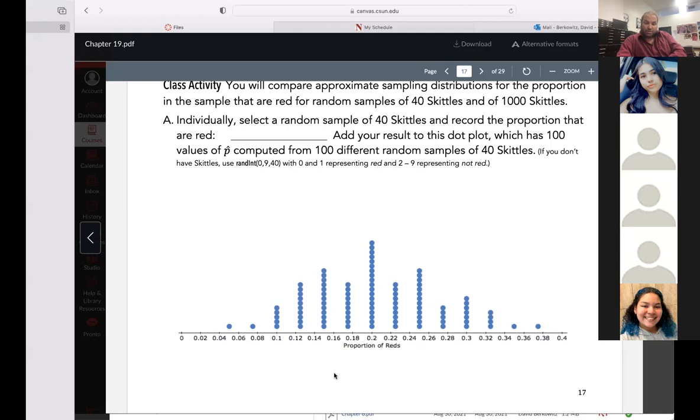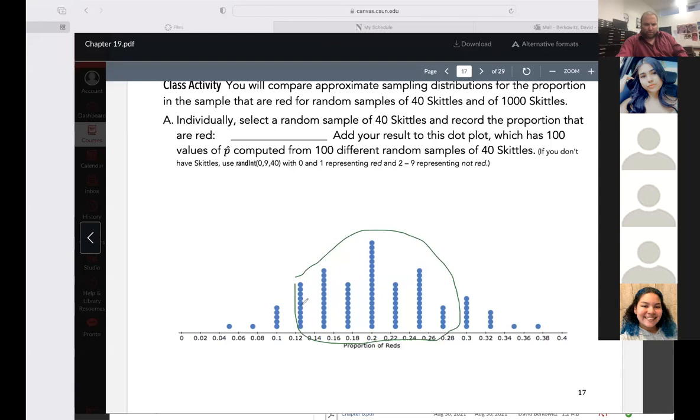I would say from like 0.12 to 0.28. Okay, so you're suggesting that this is about 95% of my data? Yeah, I think. Well, there's not that many dots, so let's actually see if that's correct.